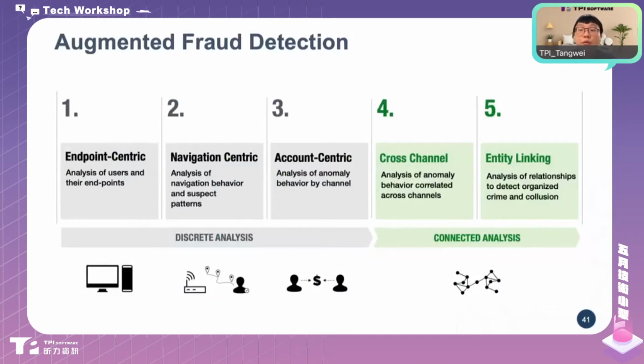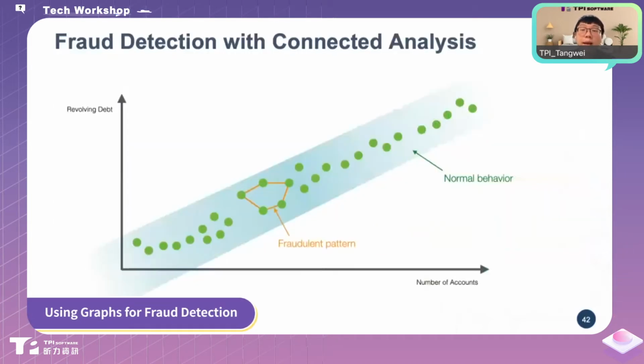So looking for the relationships that might allow you to detect organized crime or rings of fraudsters and collusion amongst different entities or different actors as part of fraud. So this is where graph databases can really add value. Graph databases address Gartner's 4th and 5th layers of fraud prevention, the cross-channel and entity link analysis.